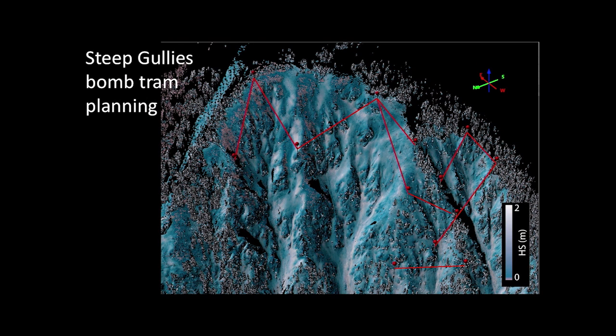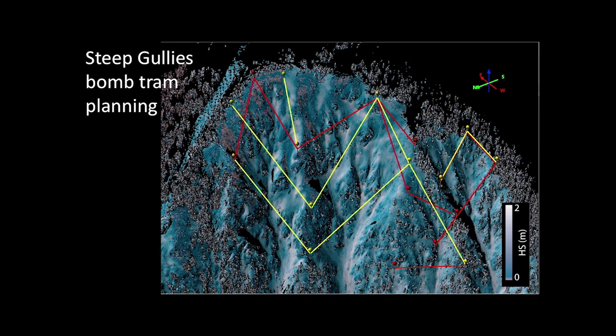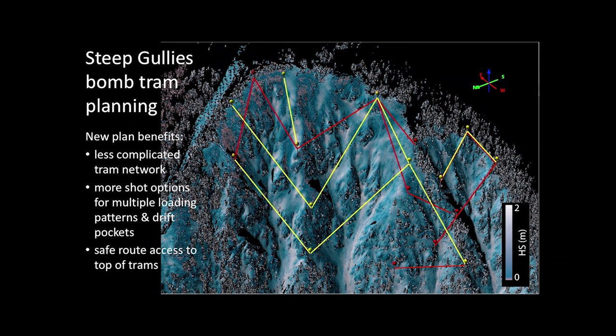So there's the original one again in red. You can see all these different towers. There's a couple of lines in particular that required control above them in order to access the tramway. So there was an additional risk element for the people running the routes. And again, there's the new design. And in particular, some of these lines offer access to quite a number of different loading pockets, so that multiple charges could be placed to address each one of those load elements.